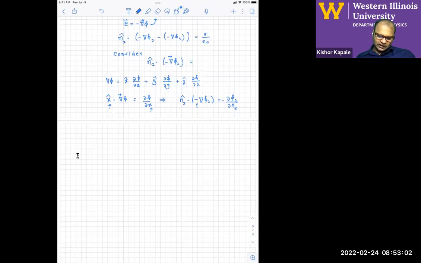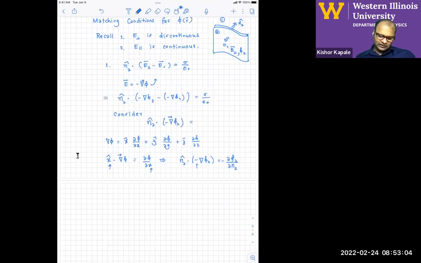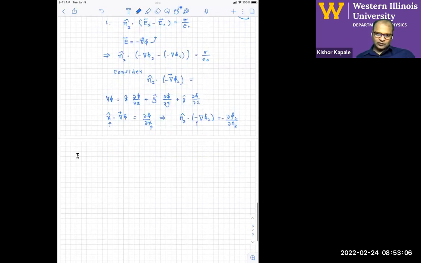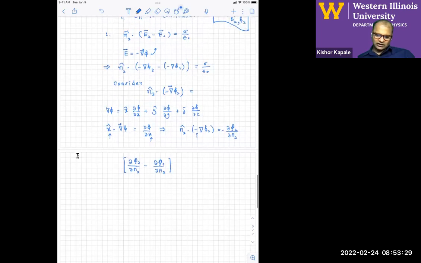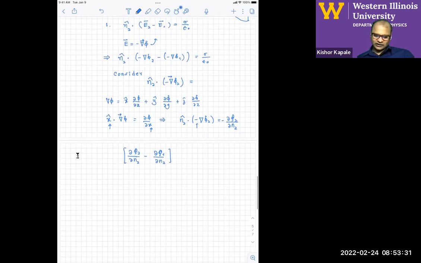So let's get this expression now and rewrite it. It's going to give you the partial of phi 2 with respect to n2 minus the partial of phi 1 with respect to n2. There is a relative negative sign between them because n2 and n1 are opposite to each other. So that's what n2 dotted with E2 minus E1 gets transformed into, and you have sigma over epsilon 0.